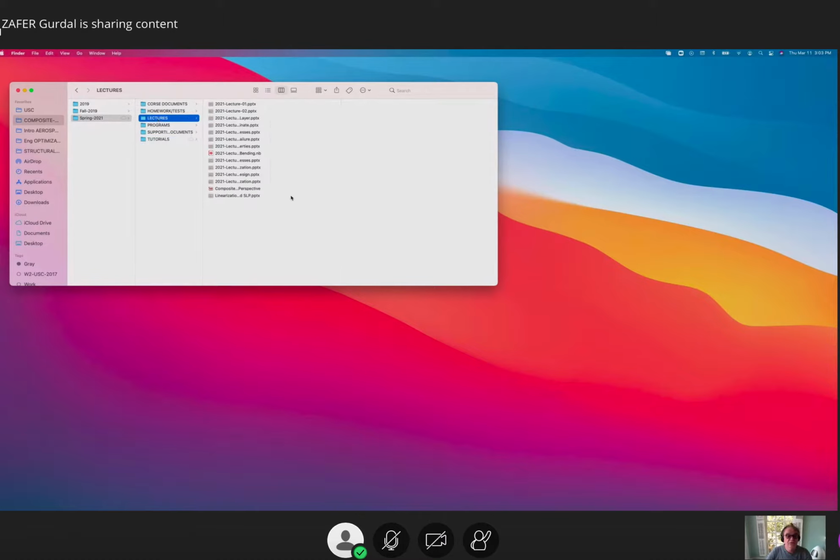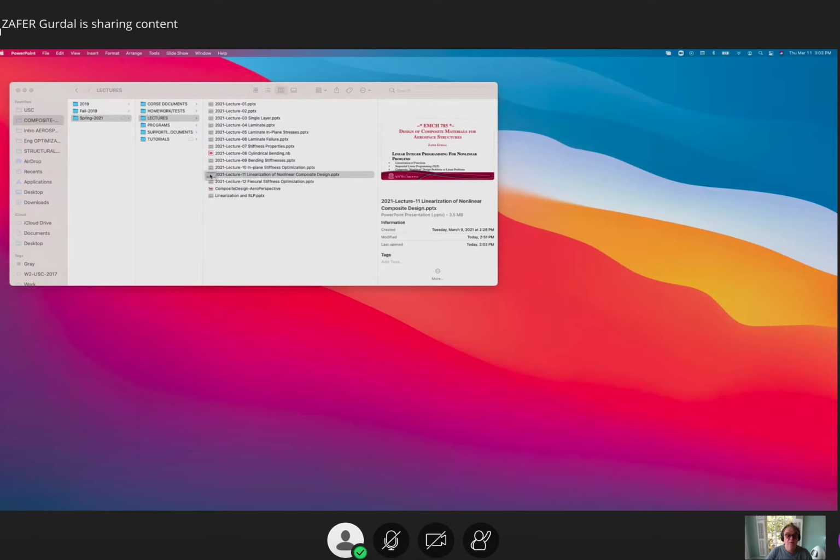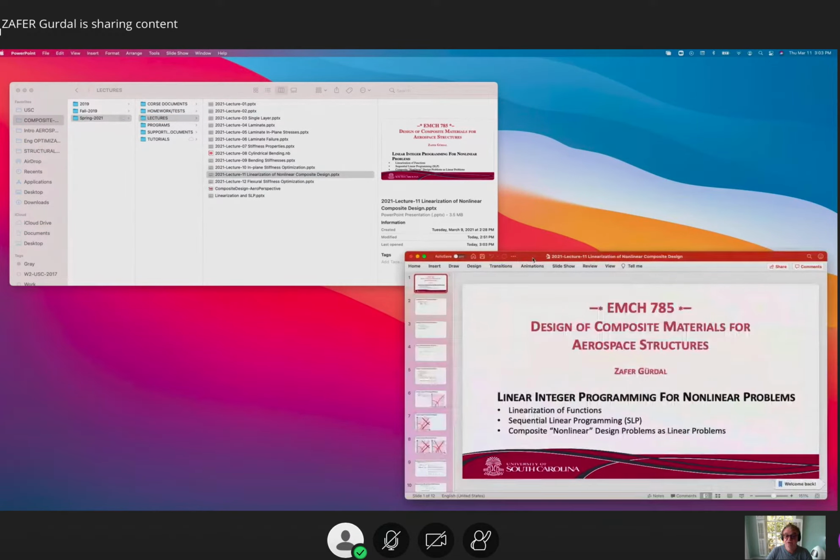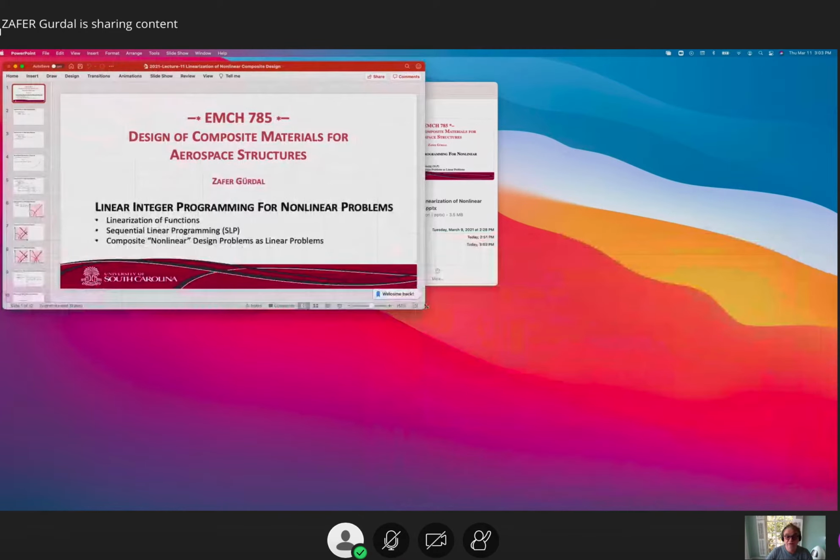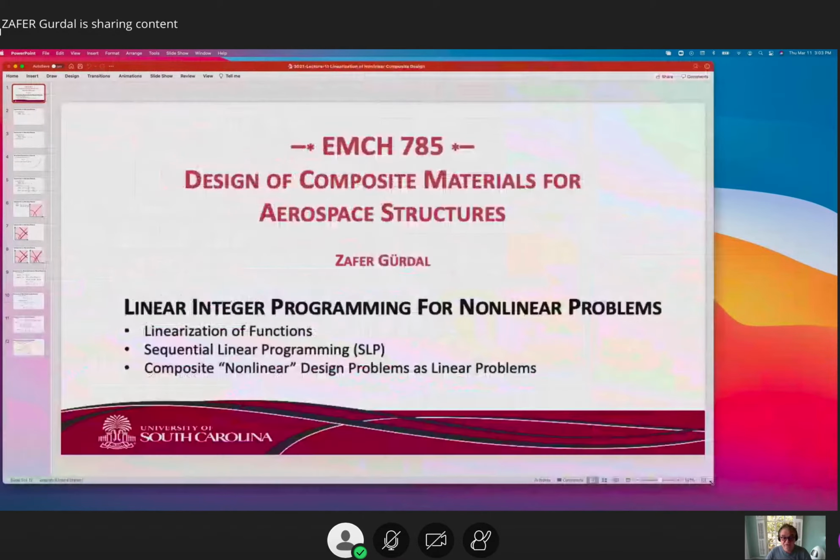The lecture for this was actually, although I'm going to pull this lecture 11 one more time and show it very, very quickly, the use of sequential linear programming for solving nonlinear problems, where we're talking about the stress and strain calculations in laminates.